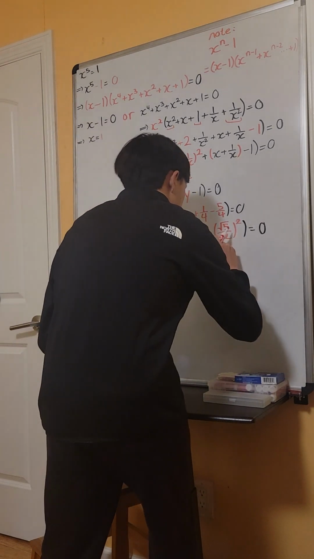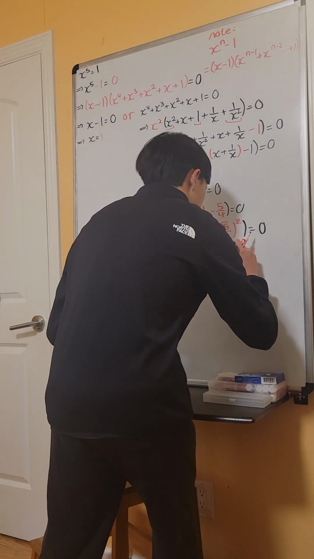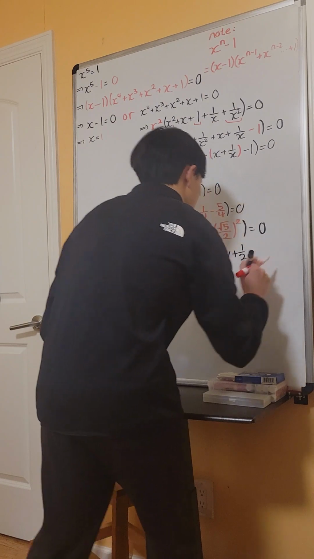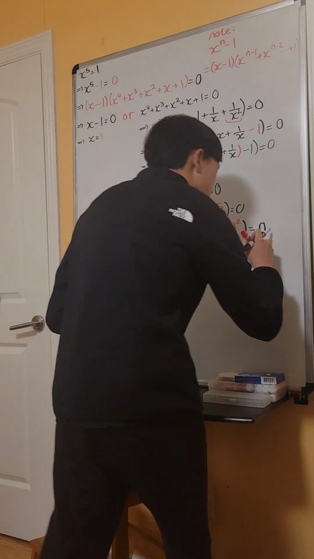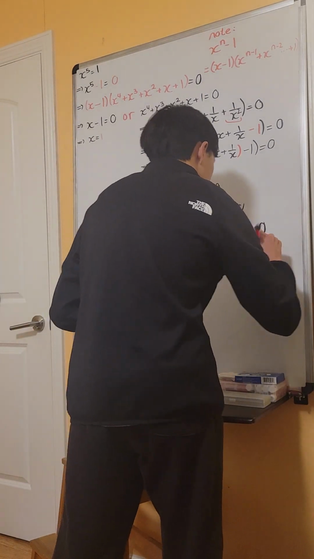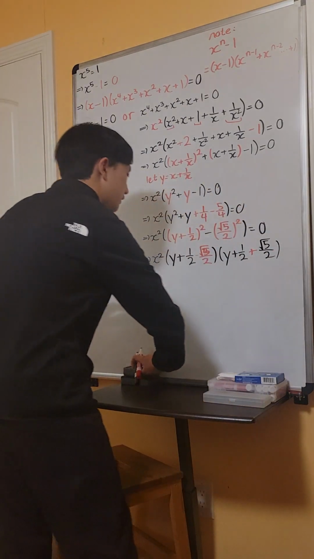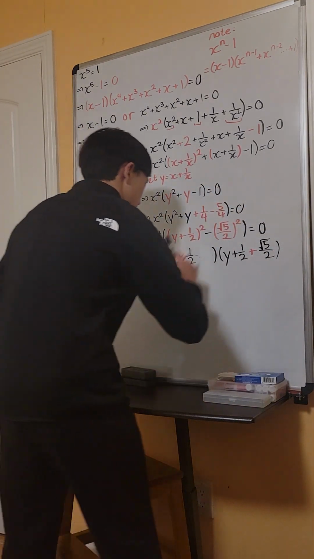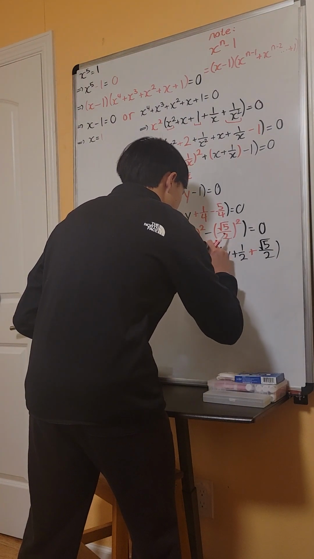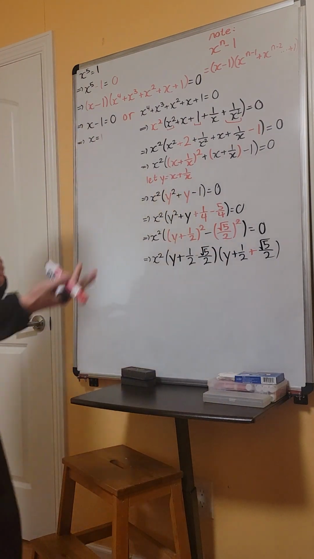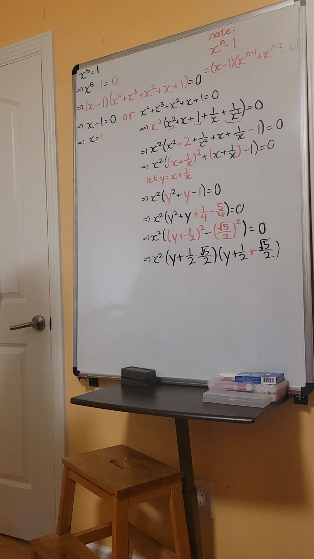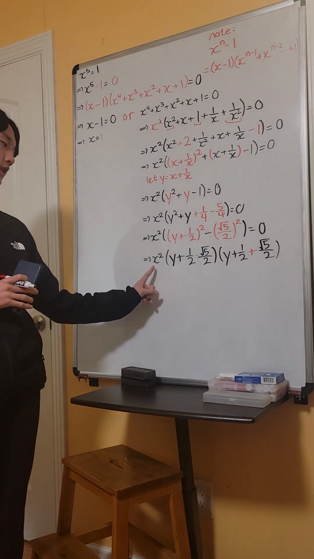And our second factor is y + 1/2. And then we did minus here, we're going to do plus √5/2. This one's kind of ugly, I'm going to rewrite it. Okay, that looks good.